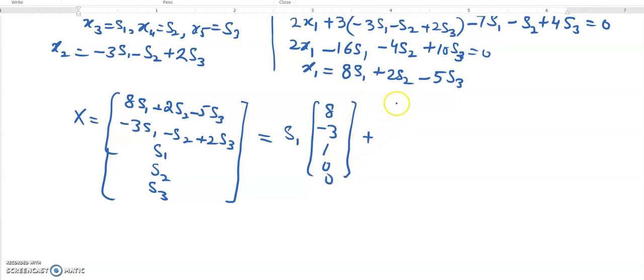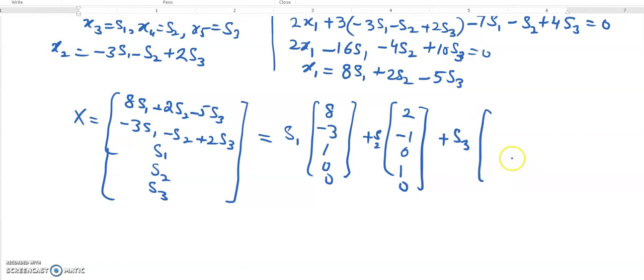The second vector will be multiplied by s2, so it will be 2, minus 1, 0, 1, 0. And the third vector will be s3, it will be minus 5, and then, okay, we will continue it in the next video.